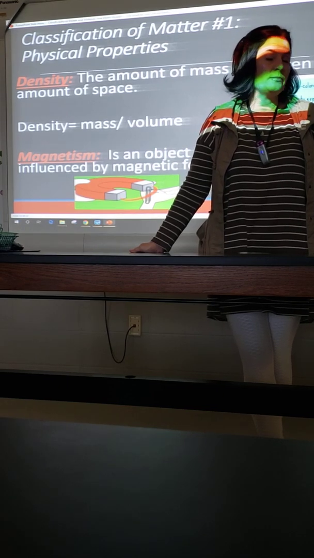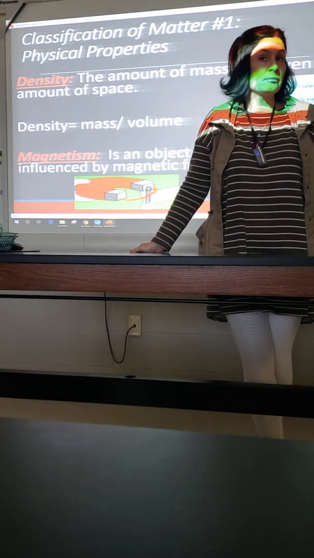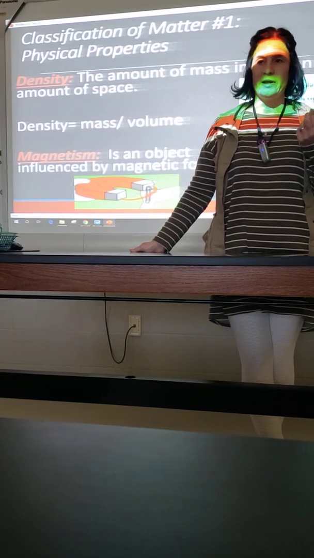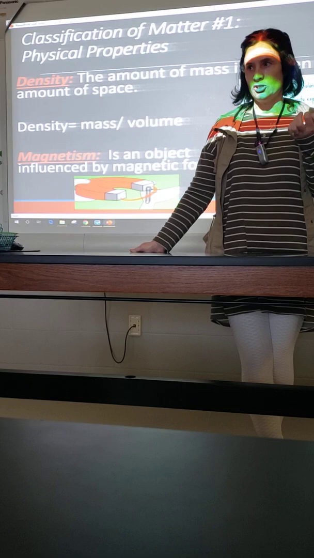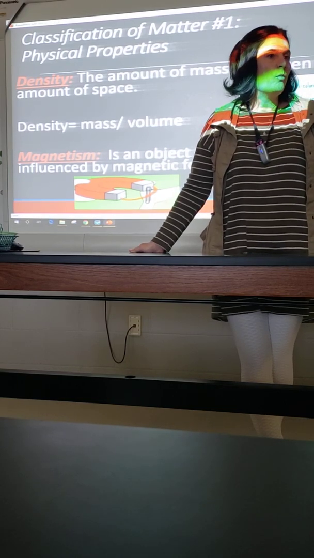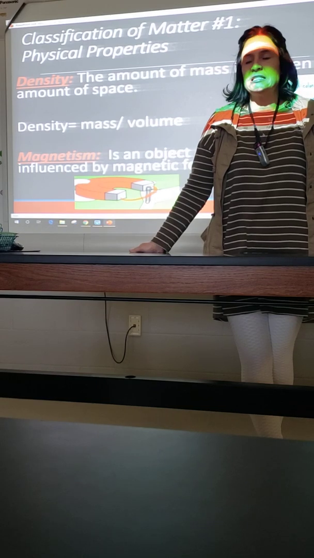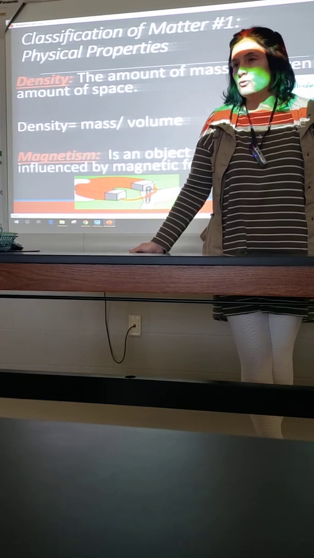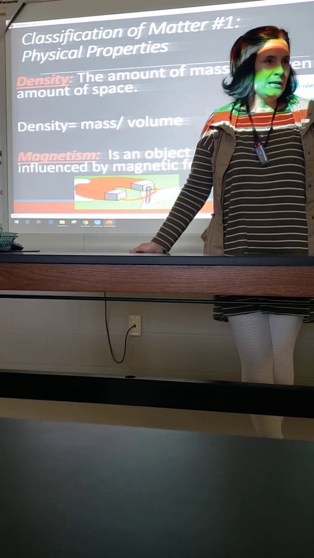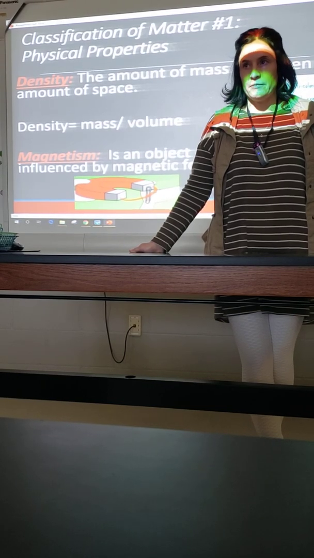You're only changing maybe the size, the shape, possibly the color. Like if you paint it, or if I put fingernail polish on, I didn't change what my nail is, I just changed the color of it, right? If I have a wall and I paint the wall, it's still a wall, it just has a new color to it, right? So I think the physical changes are pretty easy.